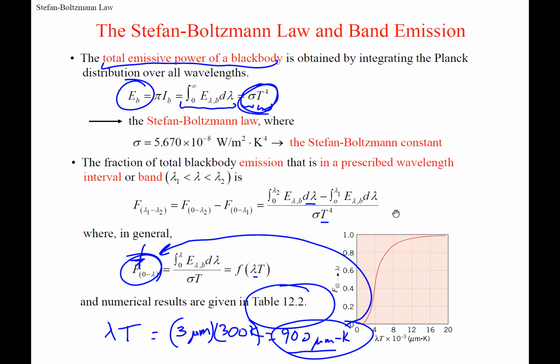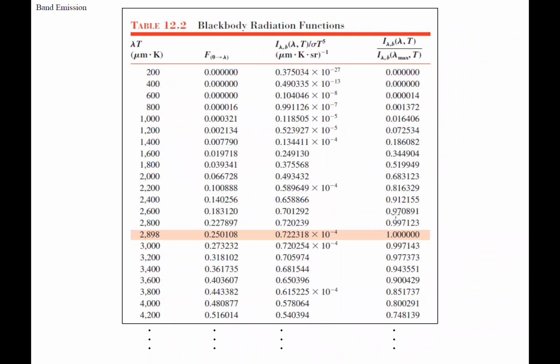Okay, so that would tell our fraction, and this is a portion of that table. So we said 900, so it would be kind of in here. That tells us that at 900, it's a very low fraction of that emissive power, less than 1%.